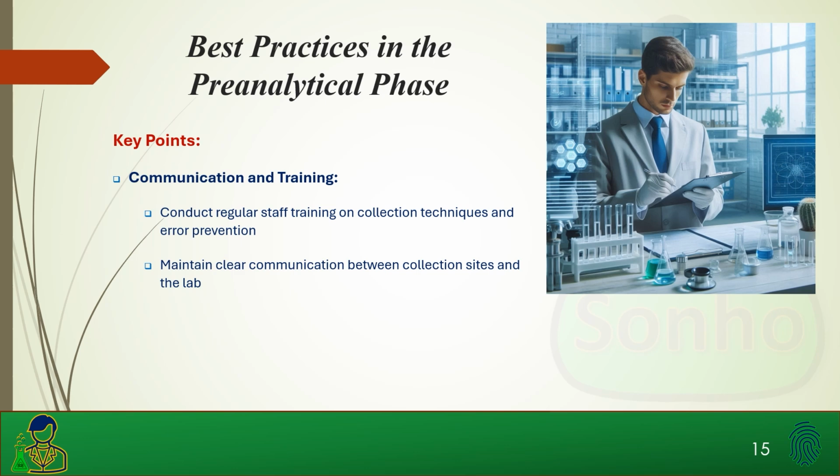Refreshers. It's always important to have that, and it's also important to maintain communication between your collection sites and the labs. I think it can be very easy to have a breakdown in communication because they can be very separate. They can be very different, especially if you have a central laboratory with multiple clinics collecting. They can be very disconnected and not feel like one whole entity. So it's very important to try to maintain communication between the sites and the lab.